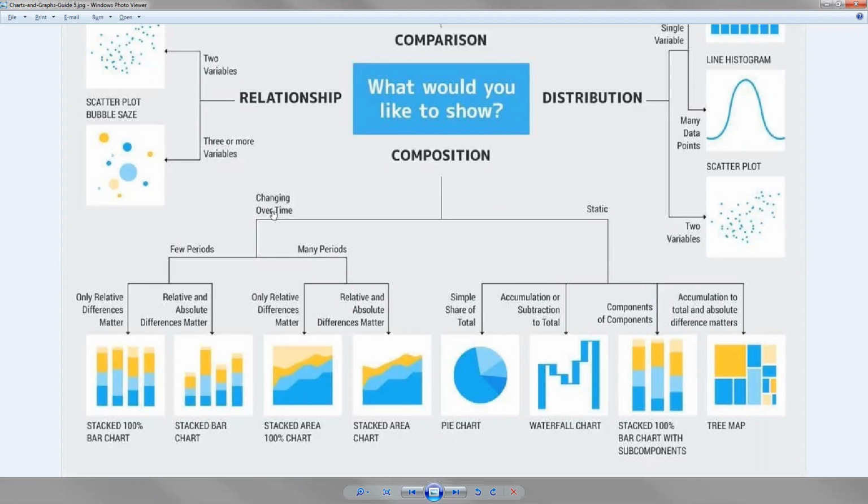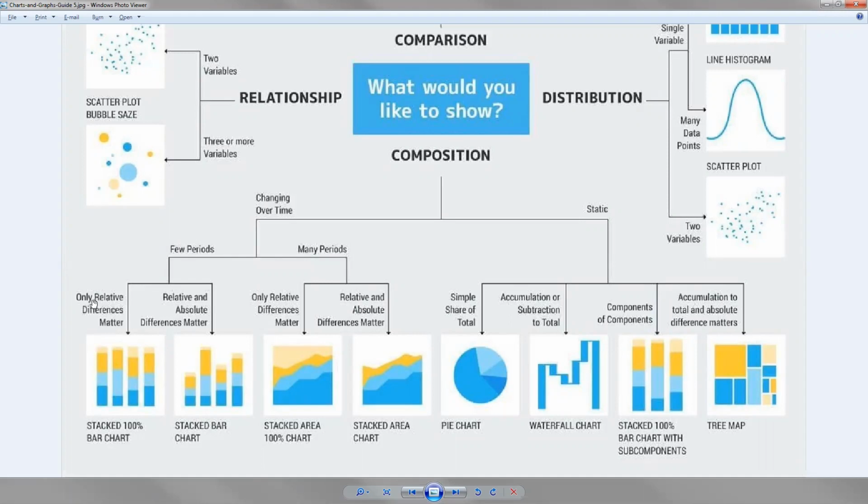So first, on the left branch, we have composition changing over time. How is my composition changing with time, when we are comparing across a few time periods or many time periods. That is one dimension, and the next dimension is what are we trying to emphasize in the composition.